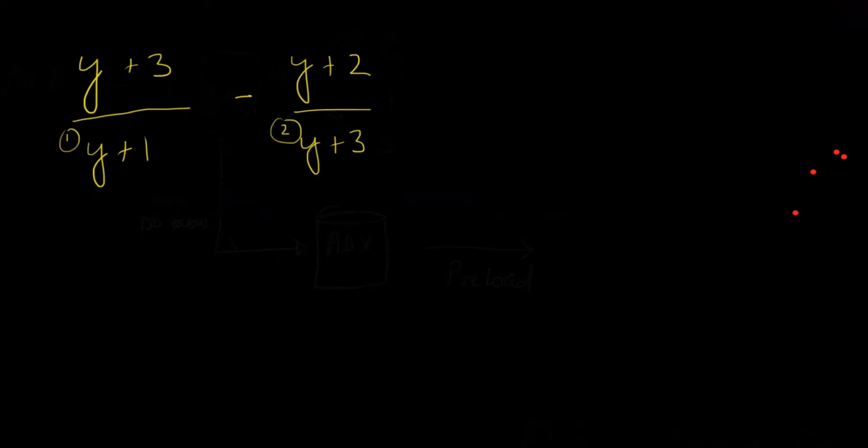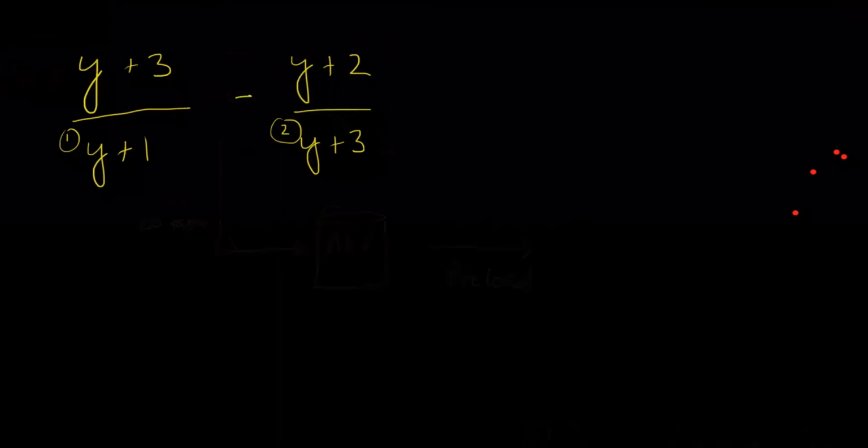So what do I do then? Because these are unknowns, I have to cross multiply. So I have to multiply the first expression by number 2, and the second expression by number 1. So let's do that then. So this becomes, I'm going to put the second expression outside.